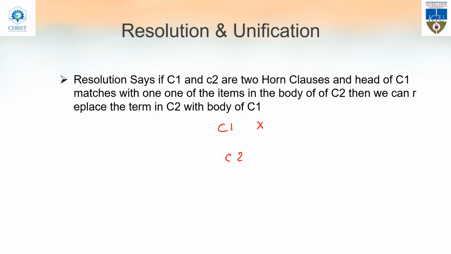So this is a head, and these are the tail of C1. And C2 is another Horn clause. So this is the head, and this is the tail, the body of the Horn clause. C1 and C2 are two Horn clauses, just an example to make you understand.